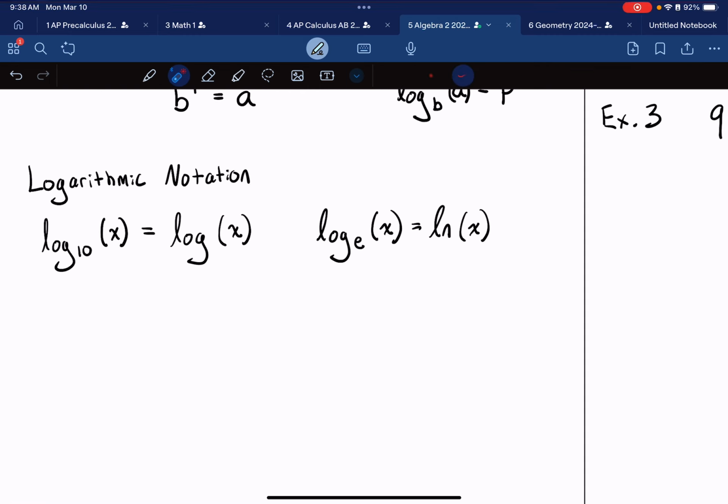But b, the base, always stays in the same spot. Another thing that will help you on the homework: sometimes you'll see a log that's missing its base. If you don't see any base for a logarithm, it's technically base 10. And on a quiz or a future problem, you might see this ln thing.